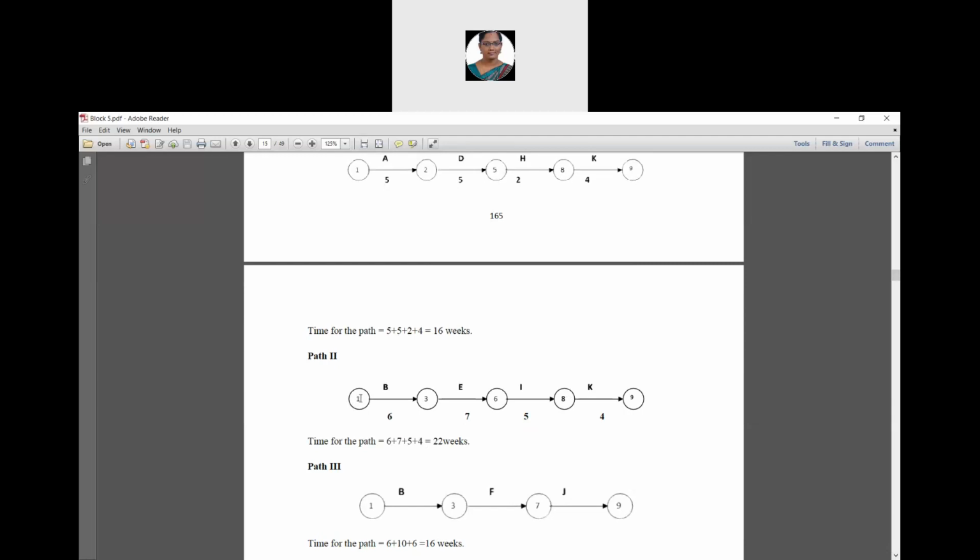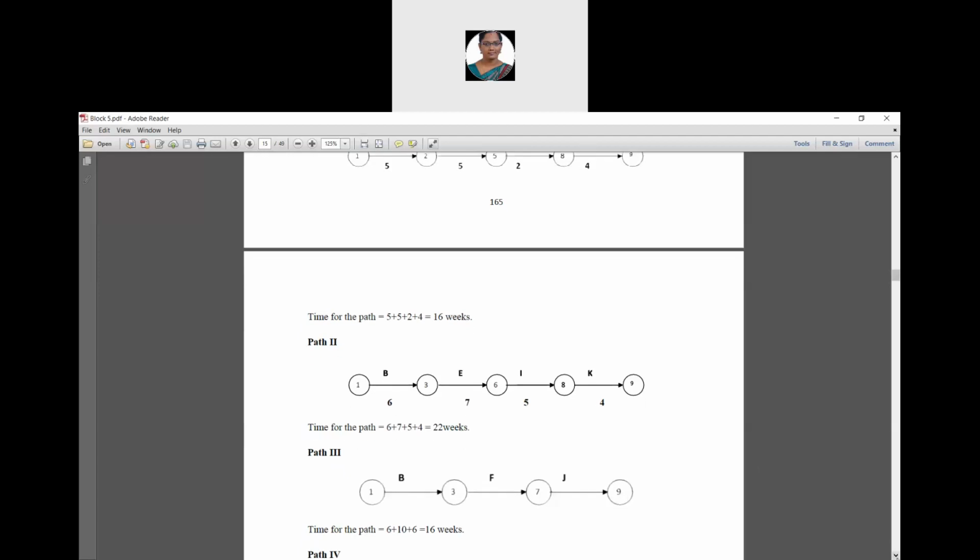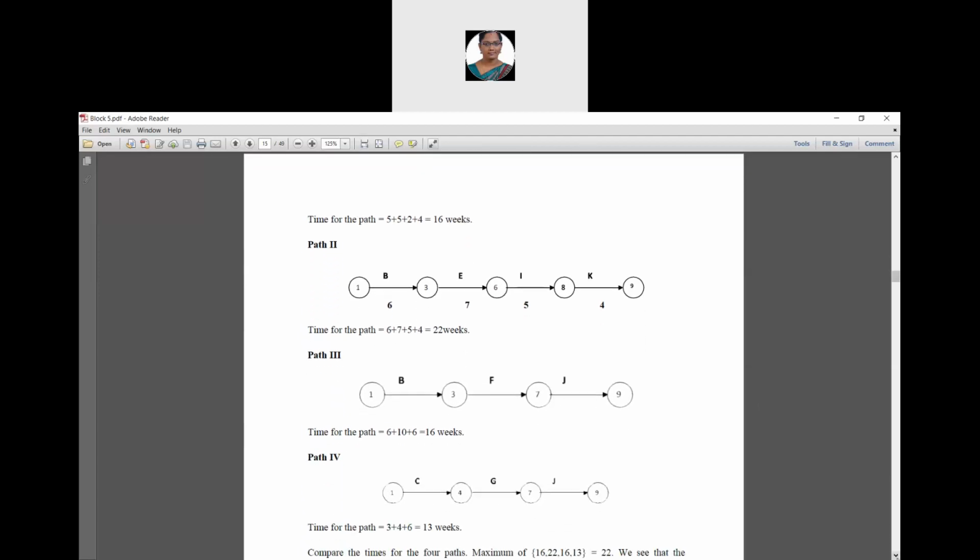The way is 1 to 3, 3 to 6, 6 to 8, 8 to 9, and we have to add all these activities' corresponding time duration values. So 6 plus 7 plus 5 plus 4, it is 22 weeks. Then the third path is 1 to 3, 3 to 7, 7 to 9.